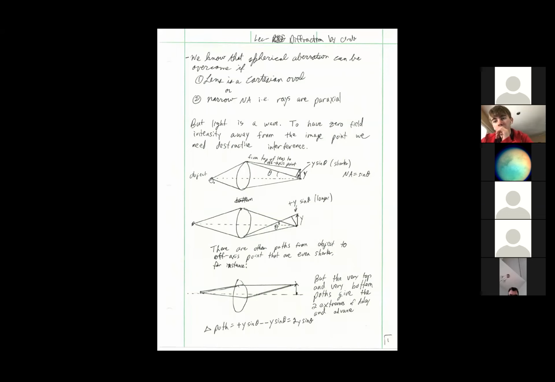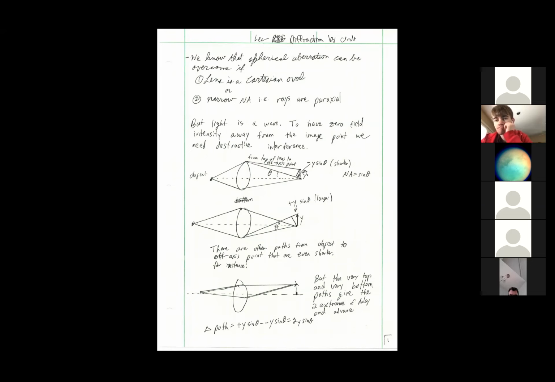These two paths are parts of paths that go from object point to image point. And we know that all paths from object point to image point take the same amount of time, so everything arrives in phase. So if I want to measure the difference between this length and this length, that's the same as measuring the difference between this length and this length, or the amount of time along any other path.